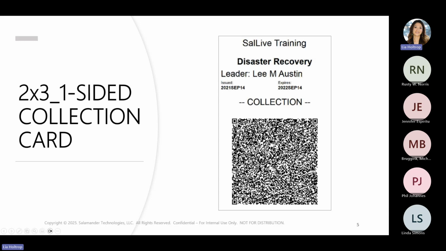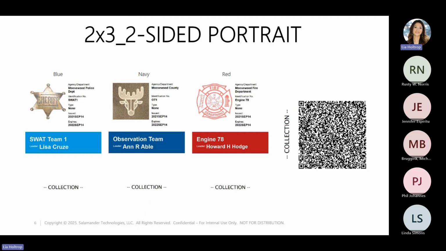The next card design is the same 2x3, so a hard card design as well, however, much more fancy. There's color involved. You've got 3 choices here: a lighter blue, a navy blue, and a red. So you have your options for what you want to print. It's 2-sided, so the front is going to have the base information. You're going to see the organization name, the ID of the collection, the type if there is one, the issue and expiration date.